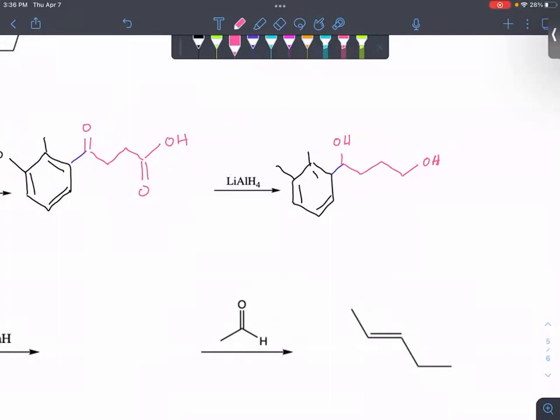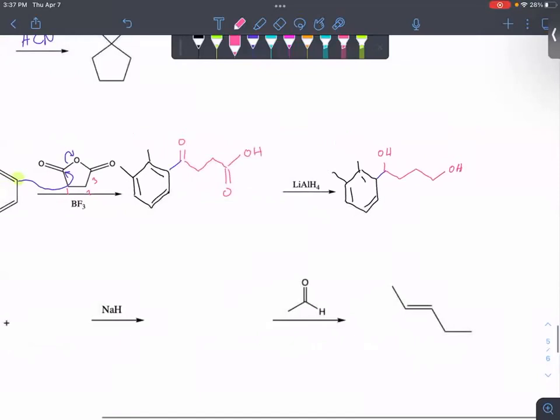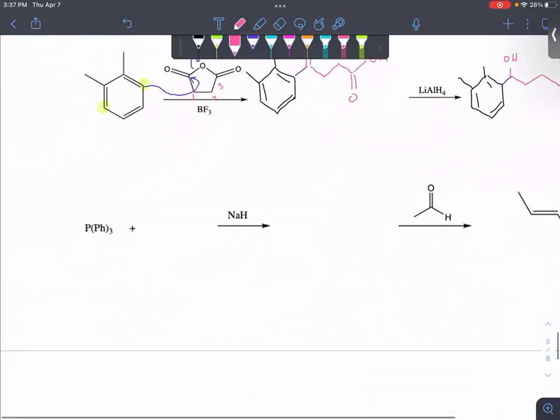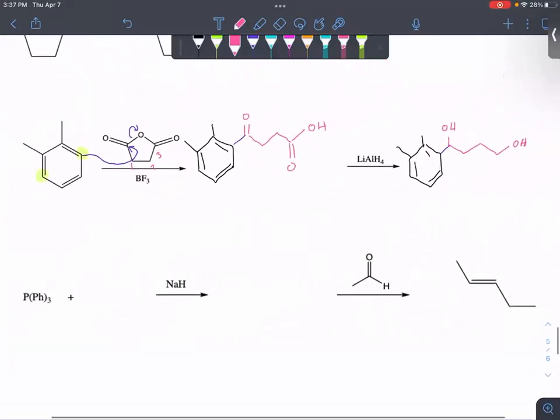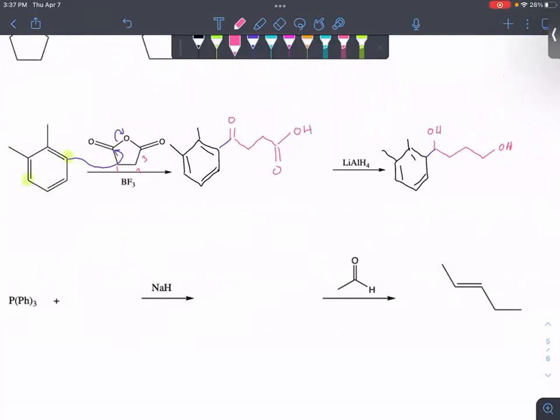It reduces it to primary and secondary alcohols, the lowest degree of alcohol possible. It's just the catalyst for it. It's not important.